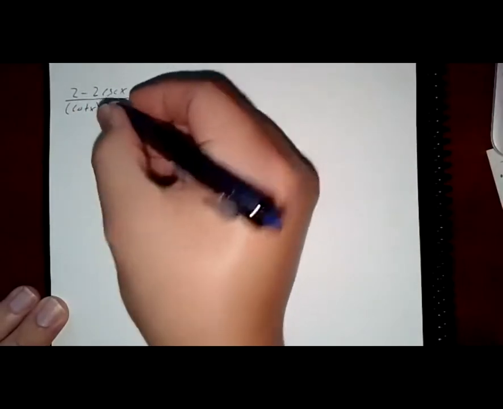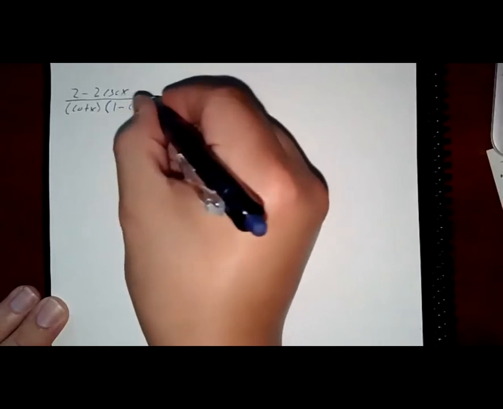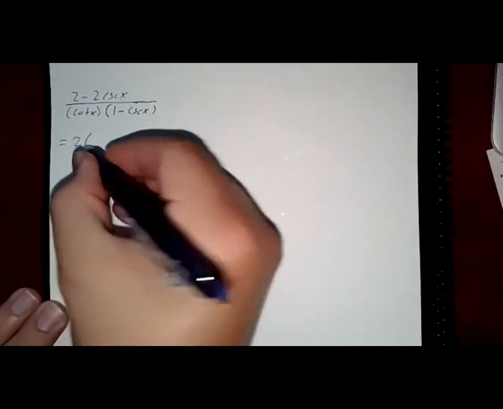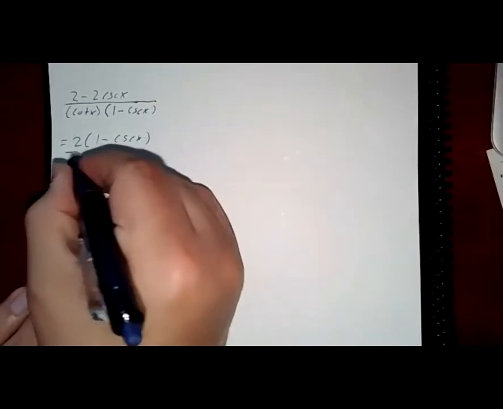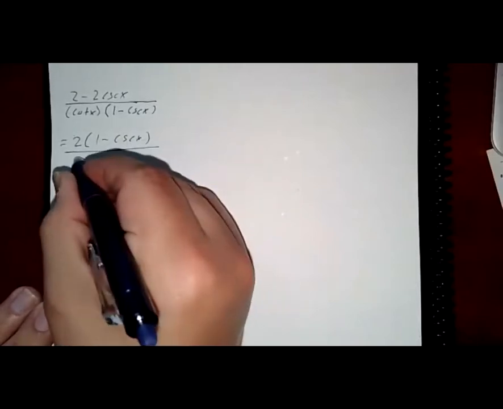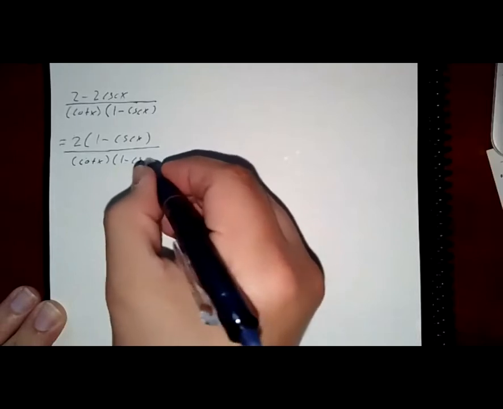So right now we have 2 minus 2 cosecant x over the LCD, which is cotangent x times 1 minus cosecant, right? That's what we have at the bottom. So factor the 2 out, and we're left with 1 minus cosecant x over cotangent x times 1 minus cosecant x.